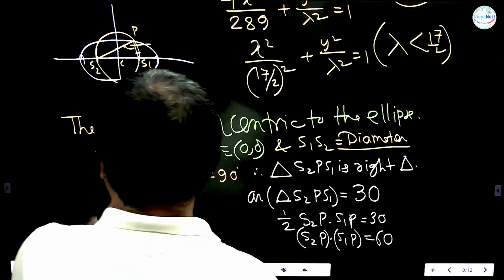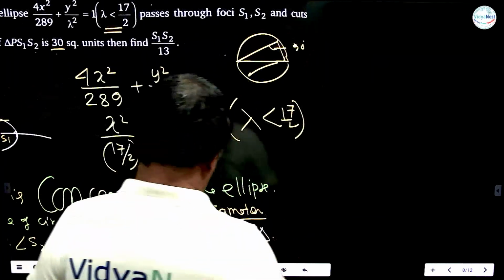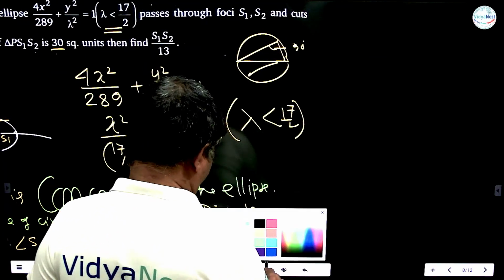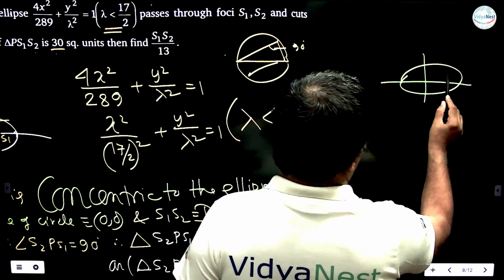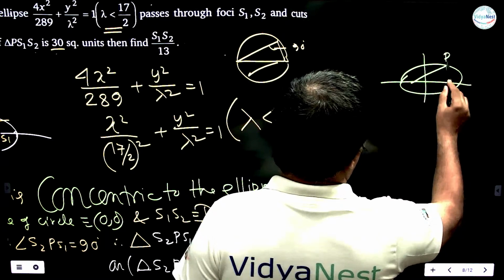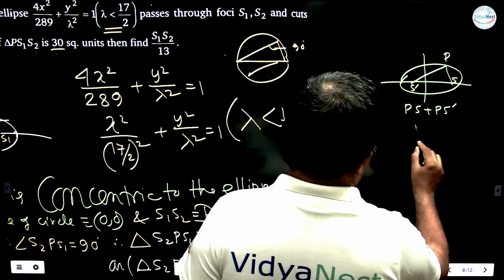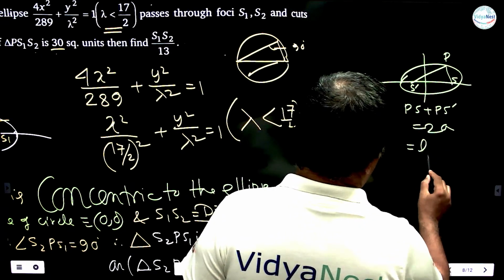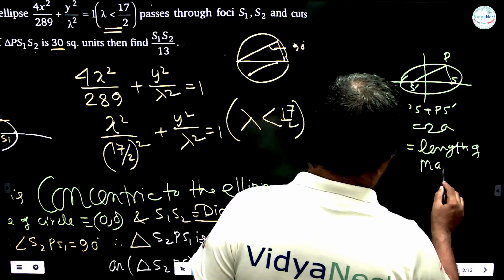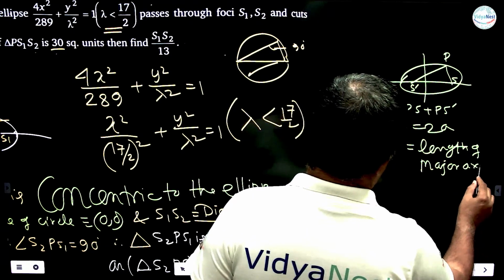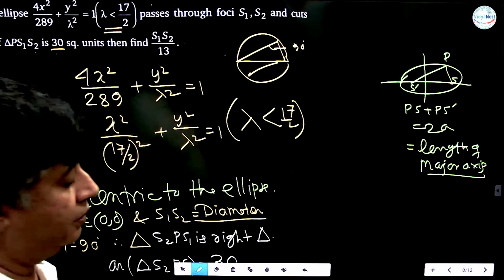Now, in the ellipse, you were taught one property. I'm just reminding you. What property? PS plus PS dash is twice A, which means the length of the major axis.